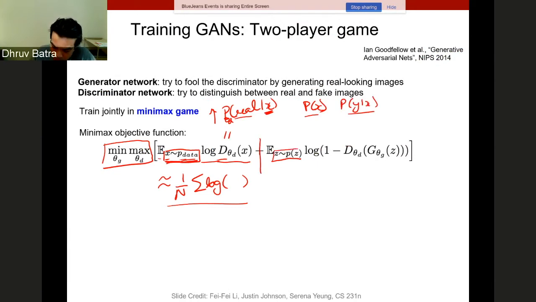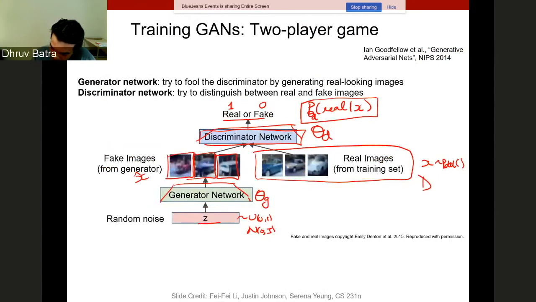Term 2 has an expectation, first of all, over Z, which was our uniform or normal random variable. What we're doing is that Z is being fed into G, which is our generator.